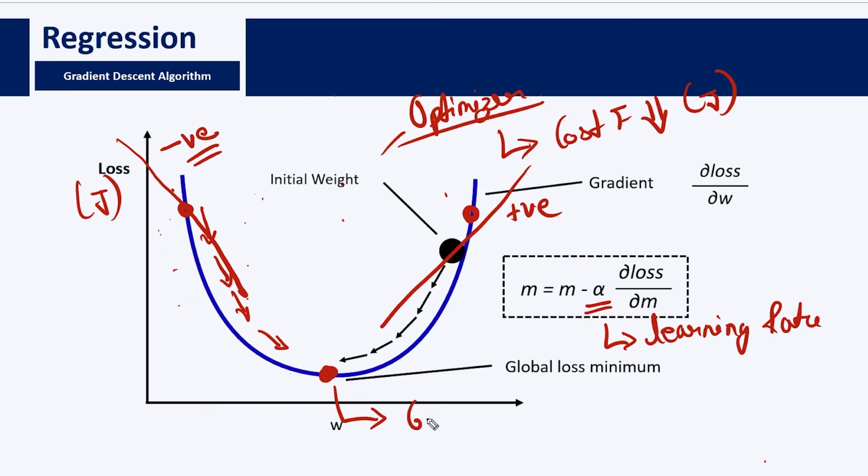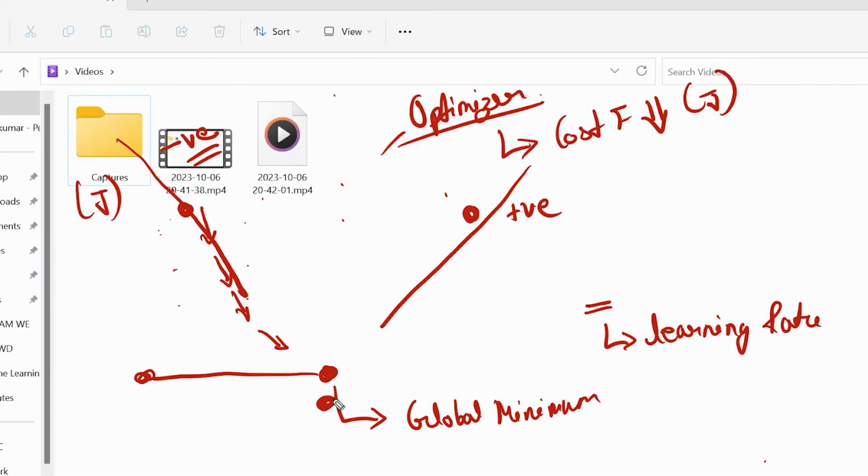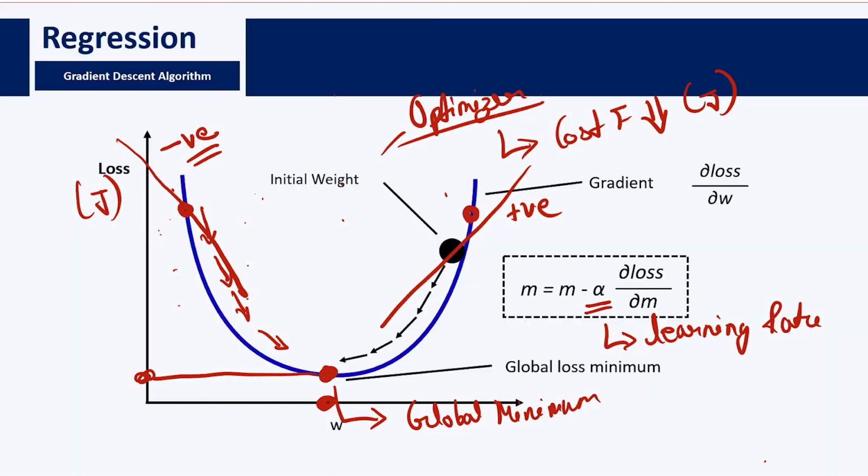This is my global minima and I have to stop here. Why do I have to stop here? Because at this point we have a minimum cost function, or you can say minimum loss. So we have to find this particular point. So basically we have to find the value of slope where my cost function is minimum.